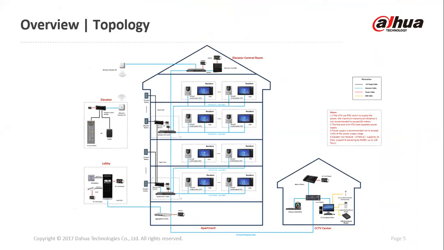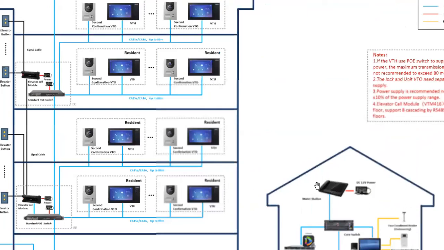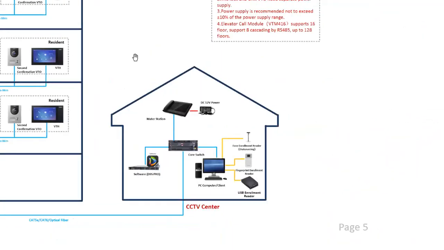So in the implementation of such kind of case, one of the key products that's also important in such a scenario is this. Maybe in the CCTV center or the machine room, you have the solder station.